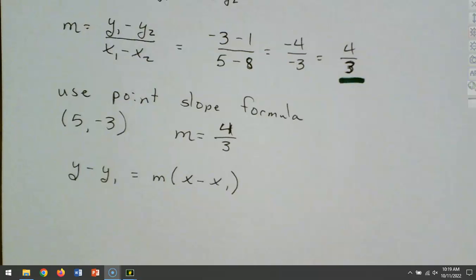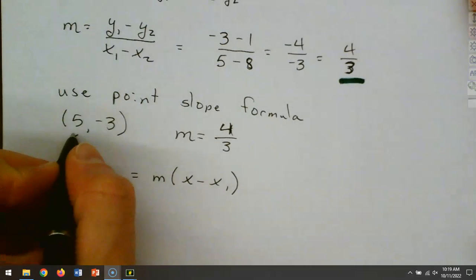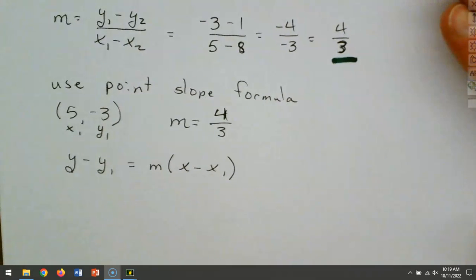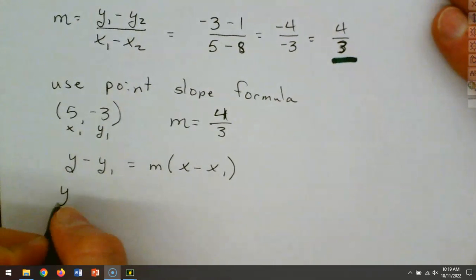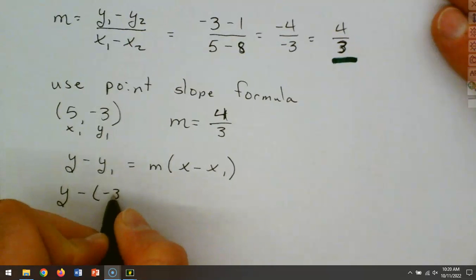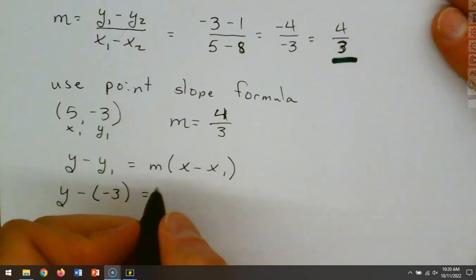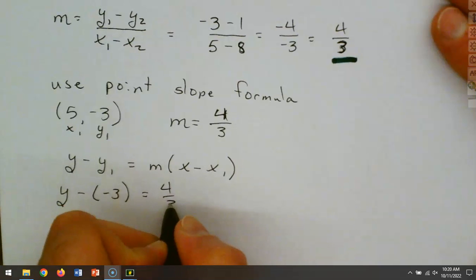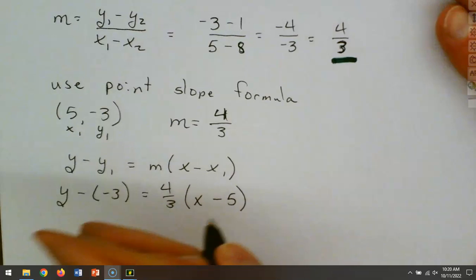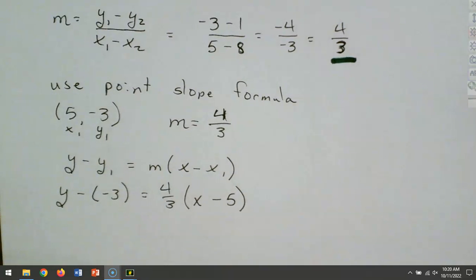Plug in our values. So x1, y1, plug the numbers in, and watch out for double negatives: y minus a -3 equals 4/3 times x minus 5, right? Okay.